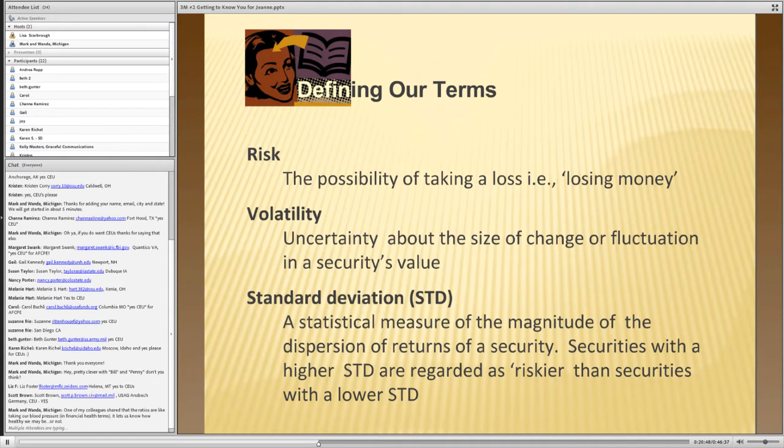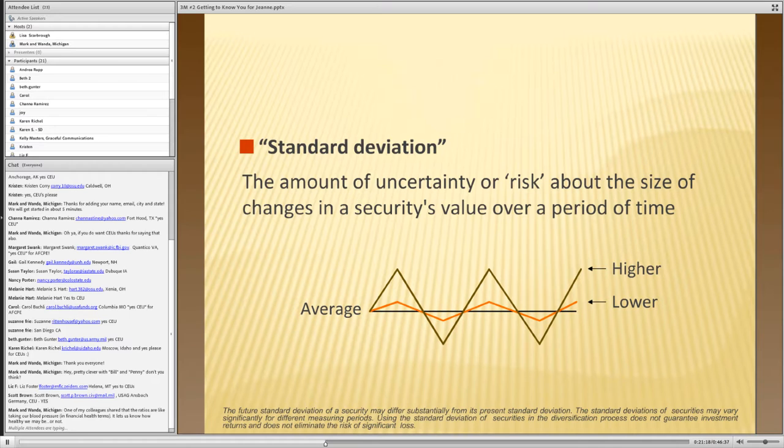And volatility is just the uncertainty about the size or change or fluctuation in a security's value, which doesn't necessarily mean that it's putting you at risk with the possibility of taking a loss. And the big word that we use for volatility is standard deviation, which is just a measure of the magnitude of the dispersions of returns on a security. Higher standard deviations have higher risks. Lower standard deviation securities, arguably lower risk.